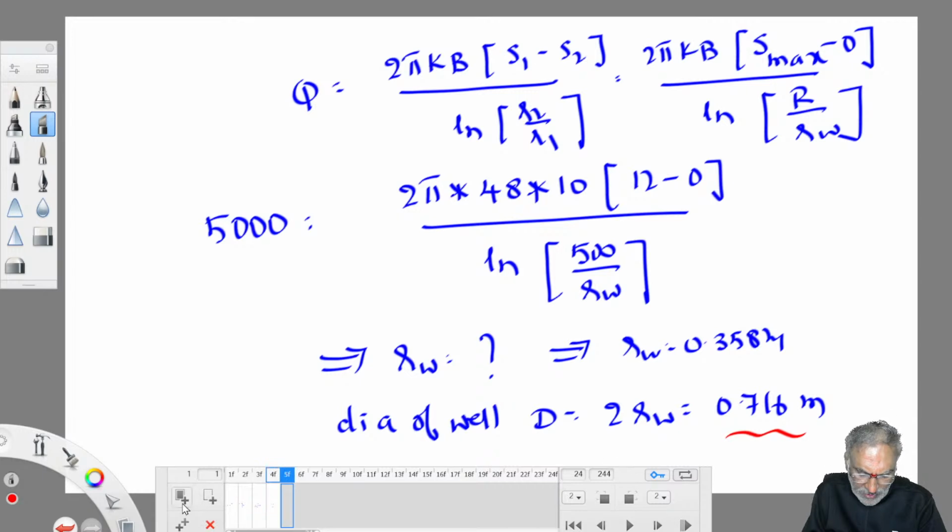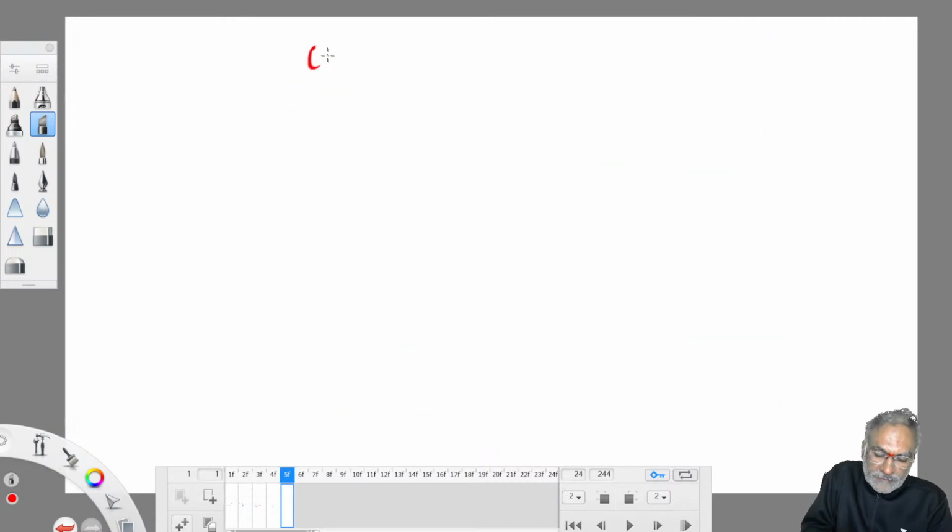Now let us move to collection of water. Before collecting the water, among all sources, the one to be selected is chosen based on certain criteria.